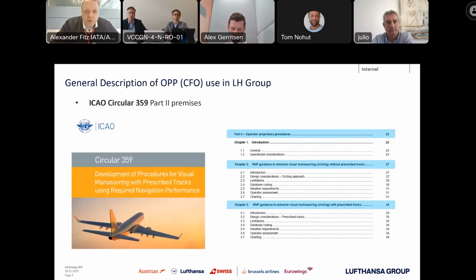So the ICAO Circular 359 is publicly available. What I wanted to highlight is that Part 2 is what we are talking about: operator proprietary procedures. These are procedures developed by the operator, making use of RNP guidance to enhance visual maneuvering in areas where little or no guidance is given by the ANSP.